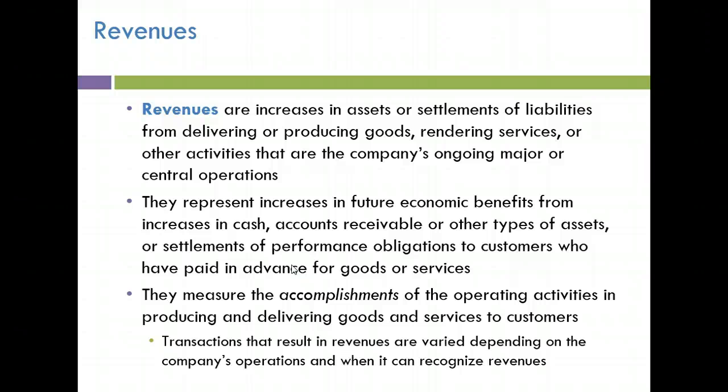A CPA firm provides services. If they sell the CPA firm, that would not be a revenue. Their main reason for being in business is to provide various services. Those are the revenues. Target. Target's reason for being in business is the sales of products.